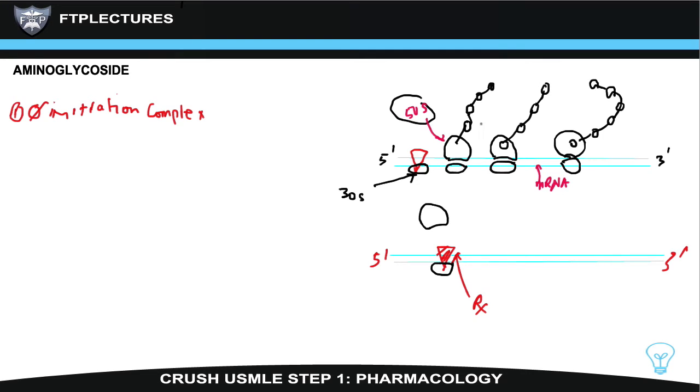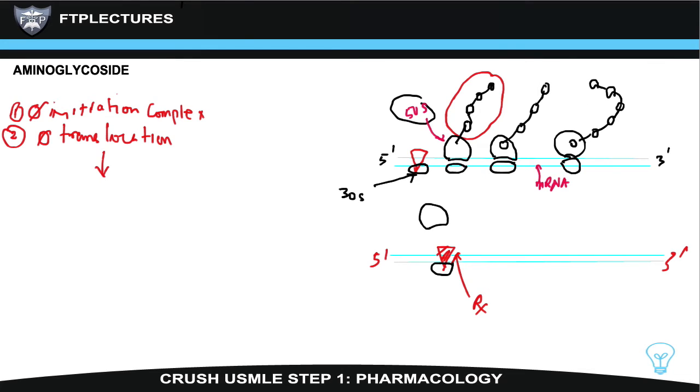So now we cannot form this nice little chain, see how these are nicely formed? Well, that's not going to happen because we're going to prevent translocation of the messenger RNA, which means the bacteria cannot make protein. So let's put here 2, no translocation. Let's see the result of that. What happens?